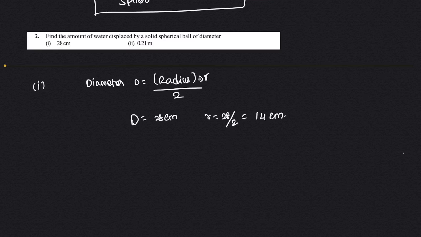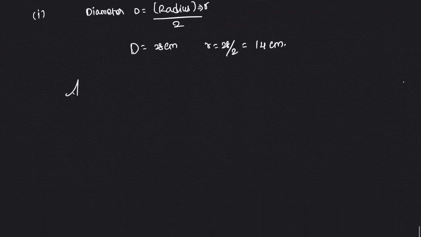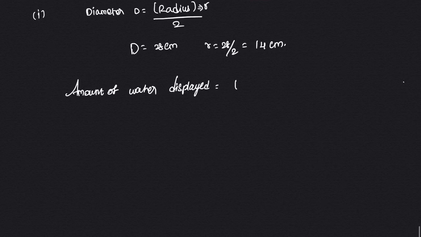Now just substitute the values. The amount of water displaced is simply the volume of sphere only.